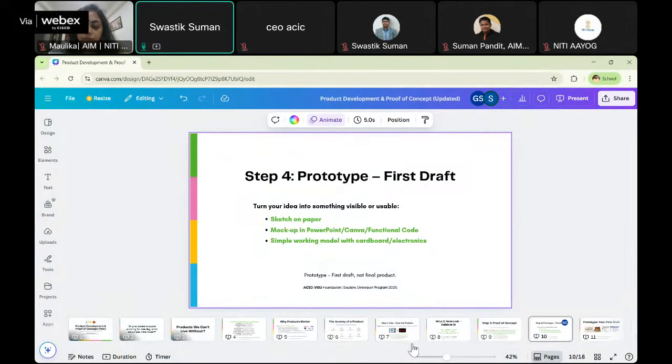Is it visible? Yes, Swastik, we can go ahead.